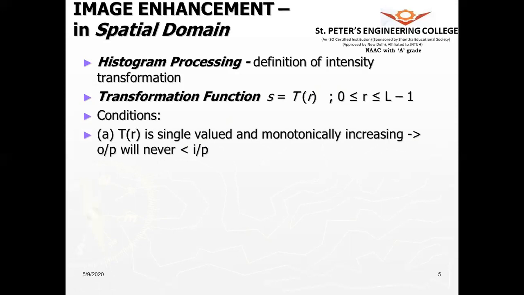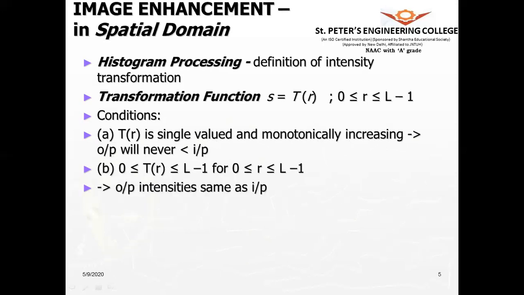The condition for this is that T(r) is single valued and monotonically increasing. What this implies is that the output will never be less than the input. When we say it is monotonically increasing, that means the function should not decrease, and it should be single valued. The second condition is that the intensity should be within the range 0 to L minus 1.